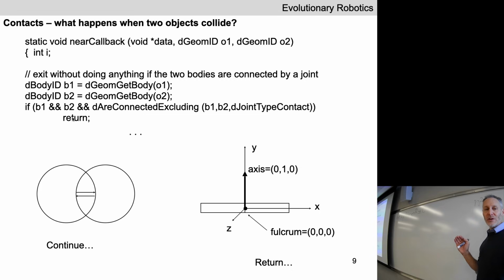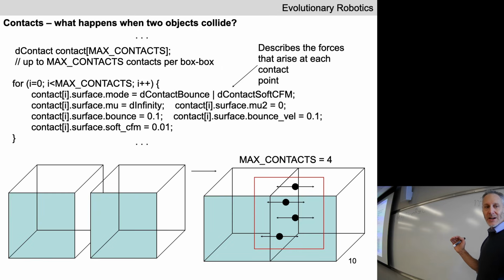If the computer does not return at this point and continues further into this callback function, indicated by the dots here, what the physics engine does is spray a number of contact points in the three-dimensional region where it thinks those two objects are in collision with one another.